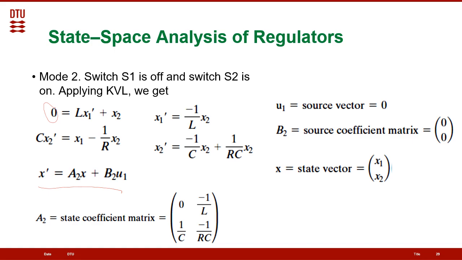So 2 means during the off state. We have the same matrix A, the same state variable, but here our source vector is equal to 0. So now we have two models, one in the on state and one in the off state.